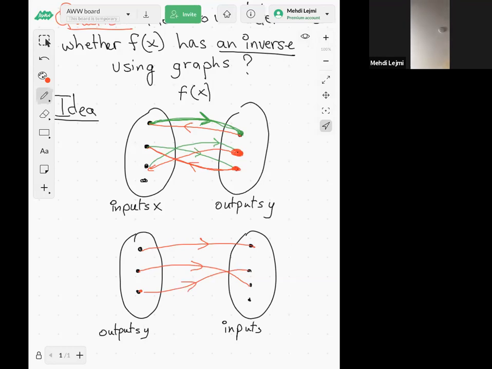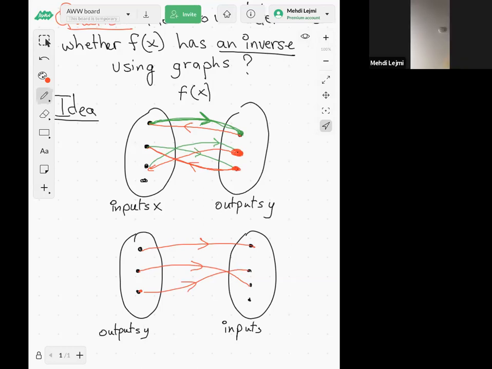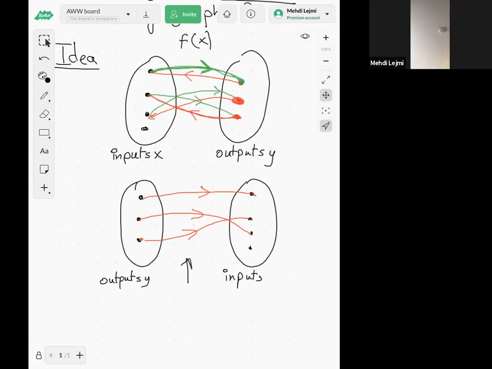Well, it's a function, because for each input you have exactly one output. So if you reverse the arrows, you have a function, and it's actually the inverse function. When you reverse the arrows, you get your inverse function.